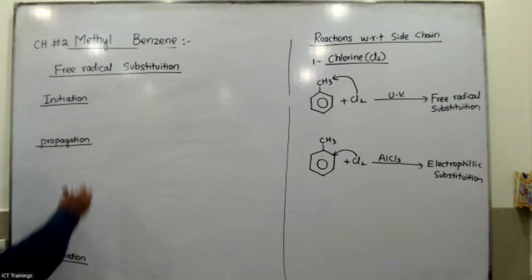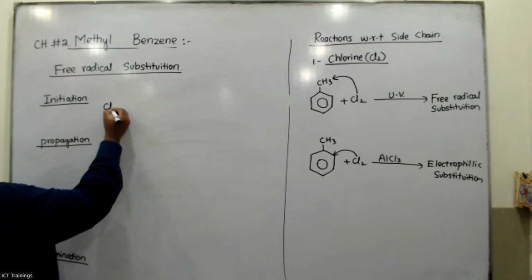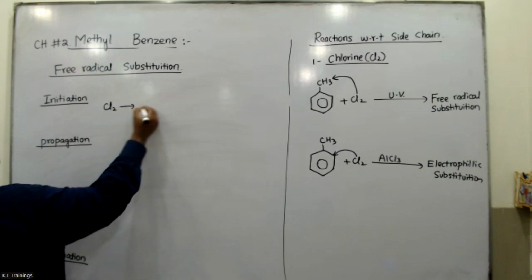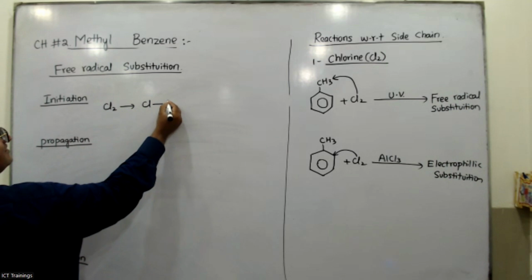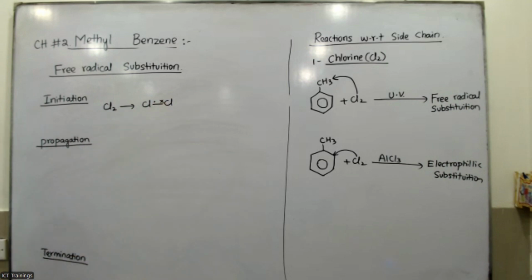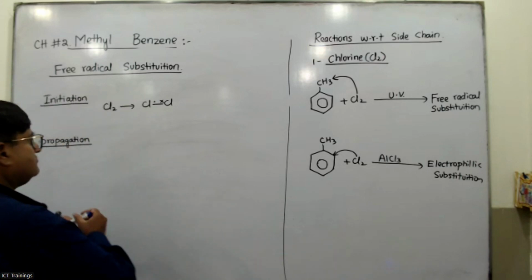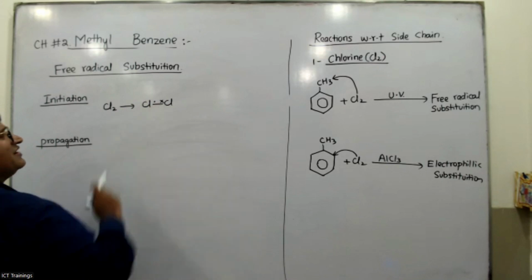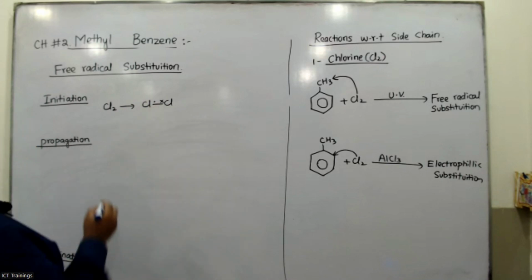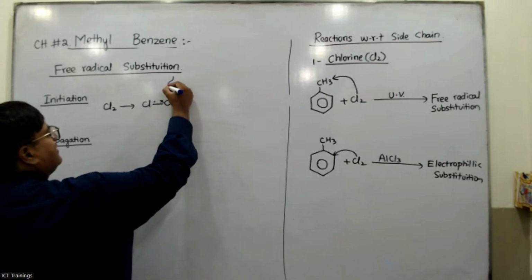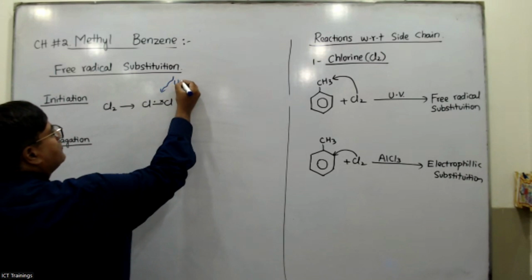In the initiation, my dear, what would happen? This is the chlorine molecule Cl2. Cl2 means that the two Cl atoms share one electron pair between them. So what would happen when you throw UV light on it?